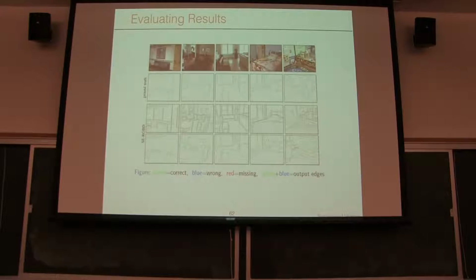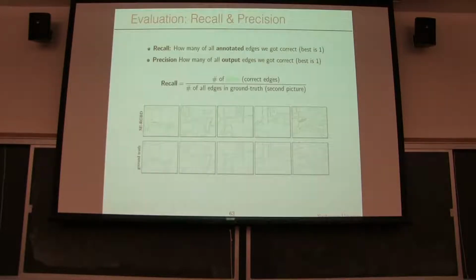Now, how do we quantify this? Well, we can do this by talking about the recall and the precision of an edge detector. So what is recall? We look at the edges that were in the ground truth, and we count how many of those I actually found with my detector. I went looking for edges that should be in the ground truth.